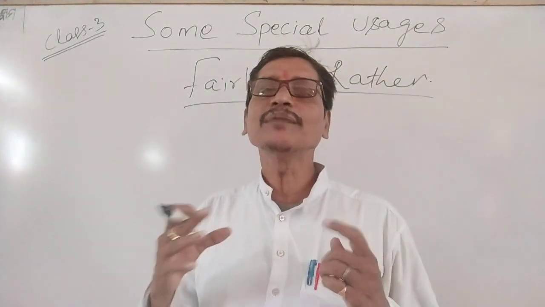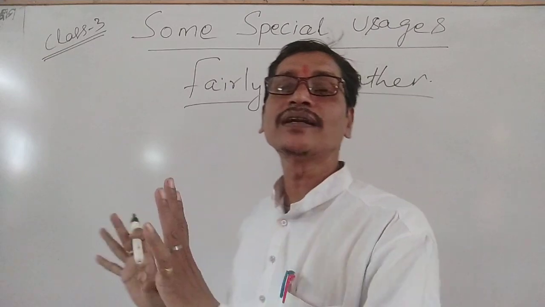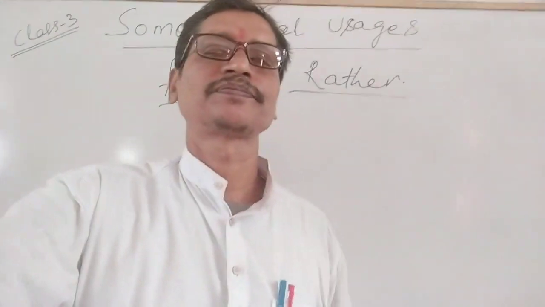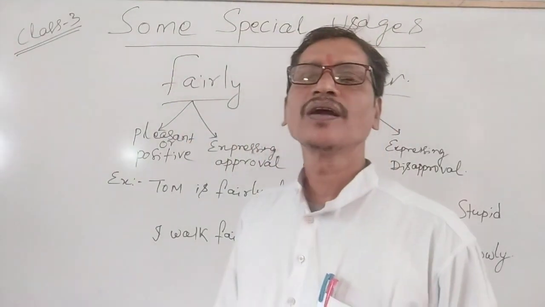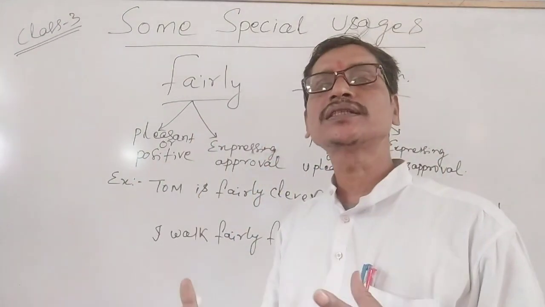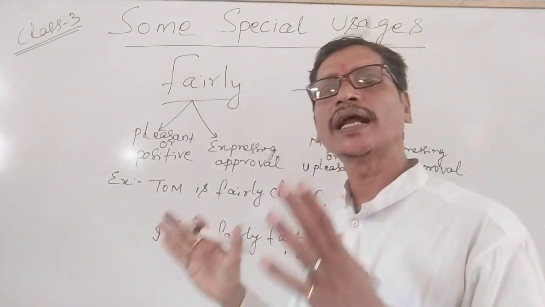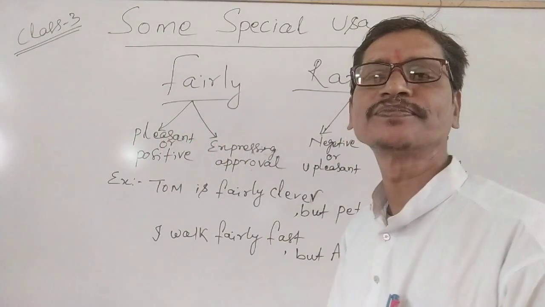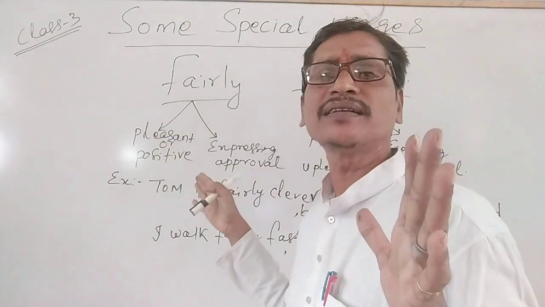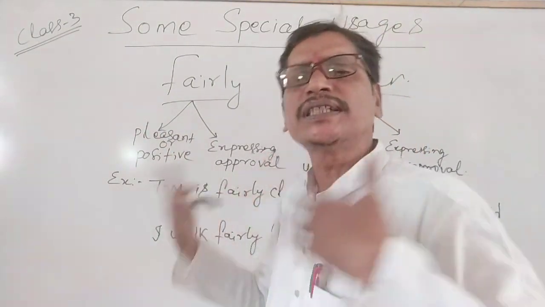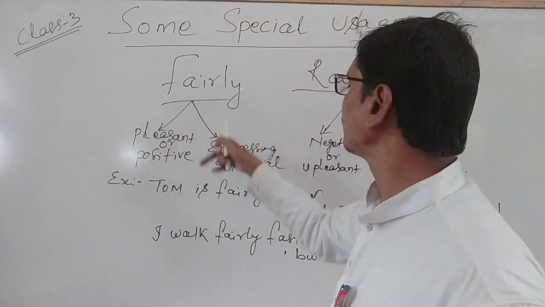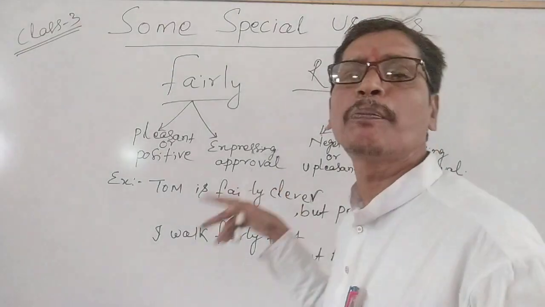For that, let me write something on the board so that you can better understand. Dear students, we use fairly as well as rather, but the situations when we can use them are mentioned over here. We use fairly when we feel something is pleasant or positive, and also when we express our approval.